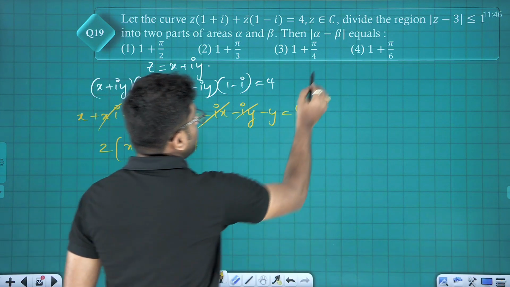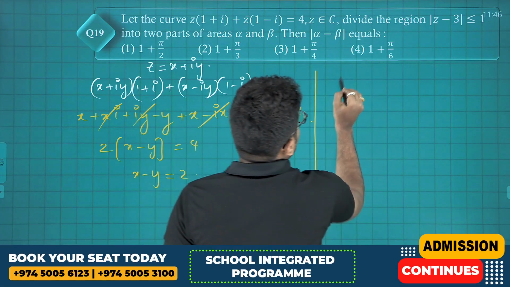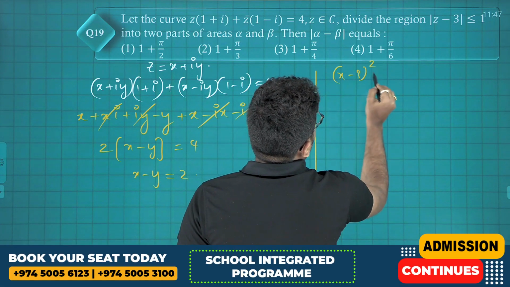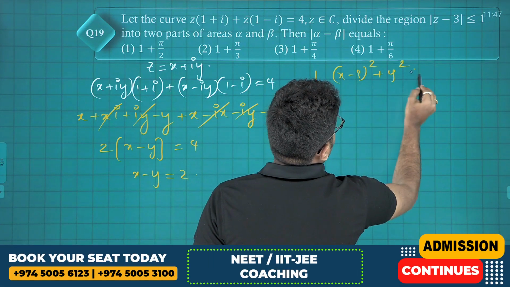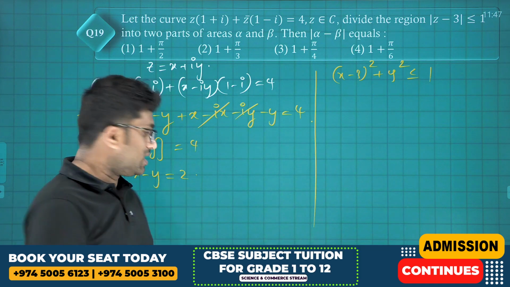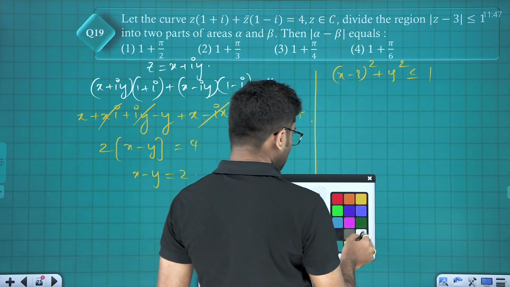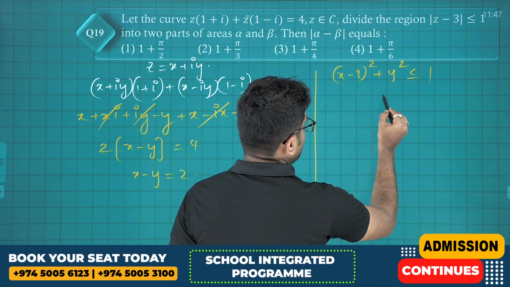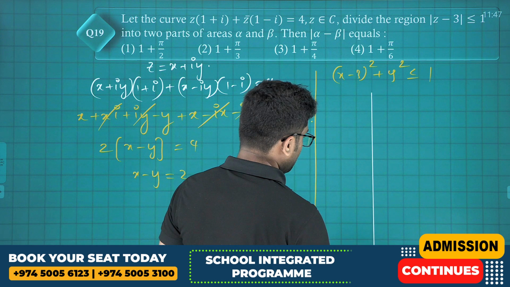Okay. Now what about this one? That is clearly a circle with the center 3, 0. x minus 3 whole square plus y minus 4 whole square less than or equal to 1. Center 3, 0, radius is 1. So I'll just try to plot this.